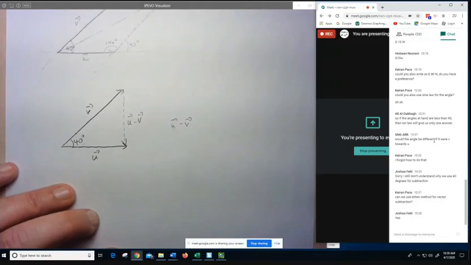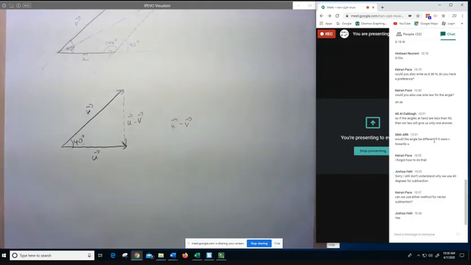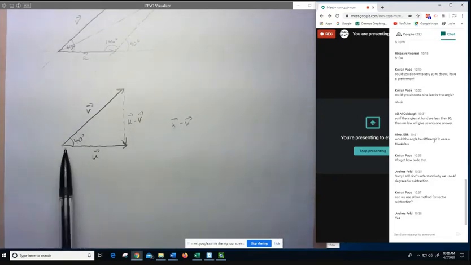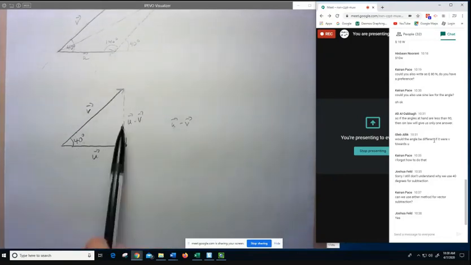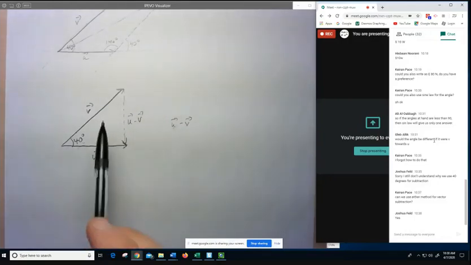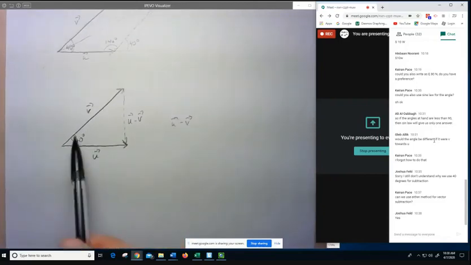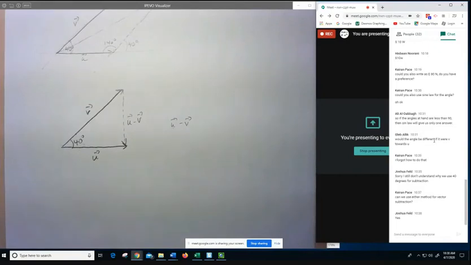Great. And then here, Kieran asks, can we use either method for vector subtraction? Yes, of course. Now, I would say that when you have the vectors given with the angle between them tail to tail, it makes sense to use this method for subtraction, because automatically the subtraction between the two vectors gives you a nice triangle that already possesses an angle that you know.